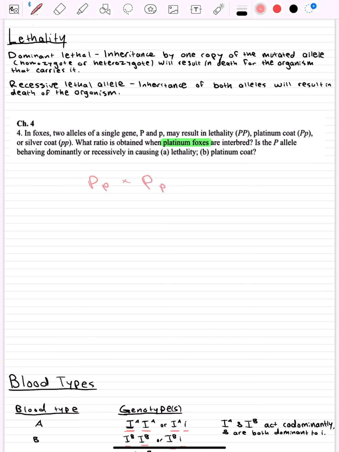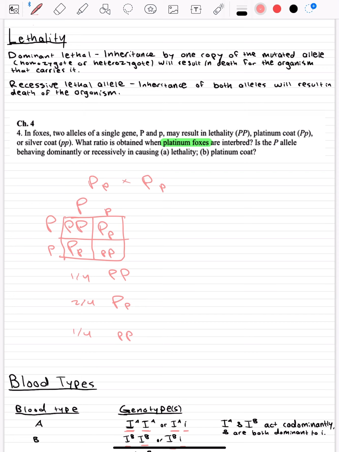So if we were to do a Punnett square, we would get 1 out of 4 of the progeny having big P, big P, 2 out of 4 of them having big P, little p, and 1 out of 4 of them having little p, little p.